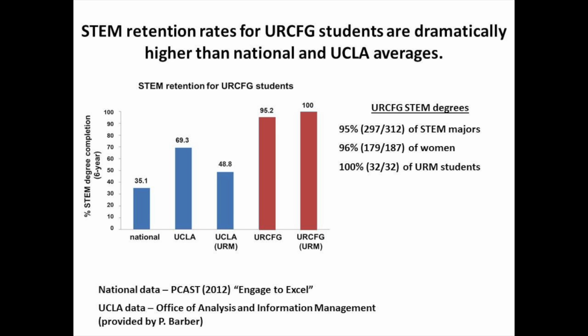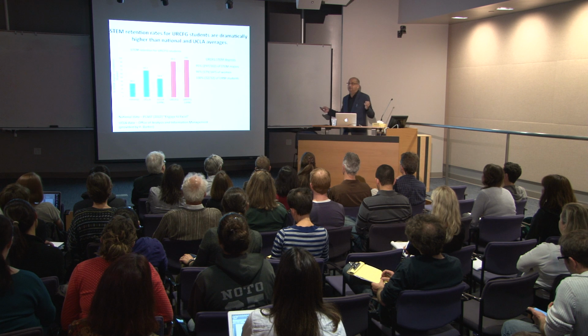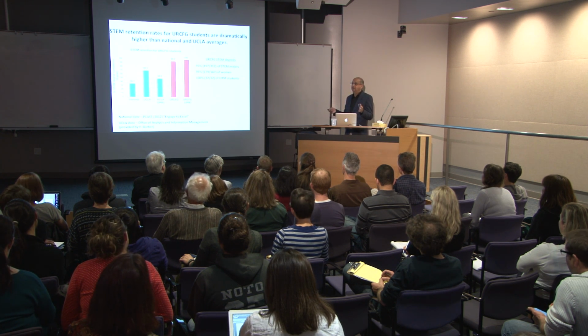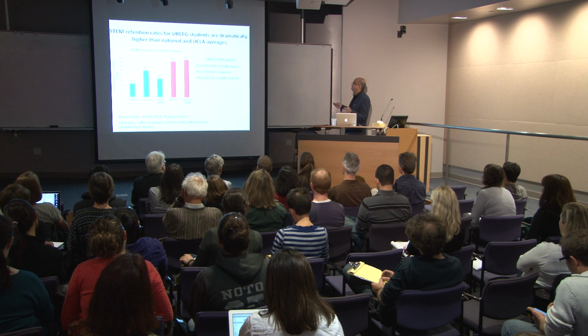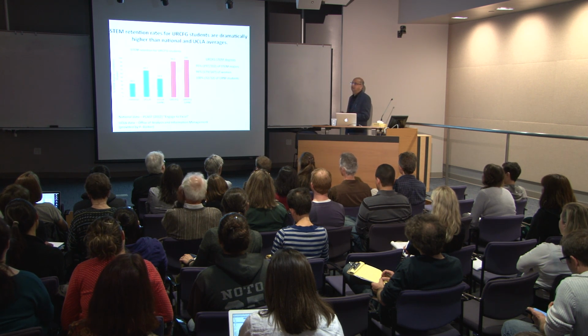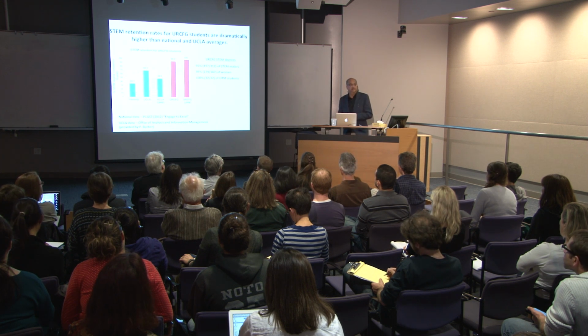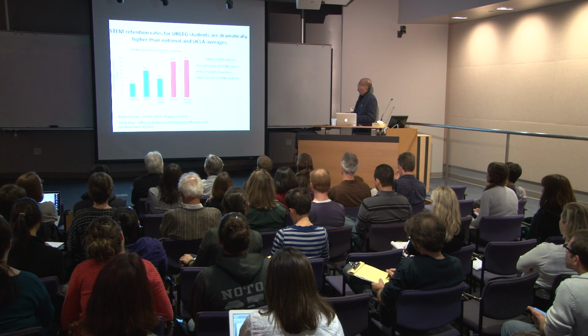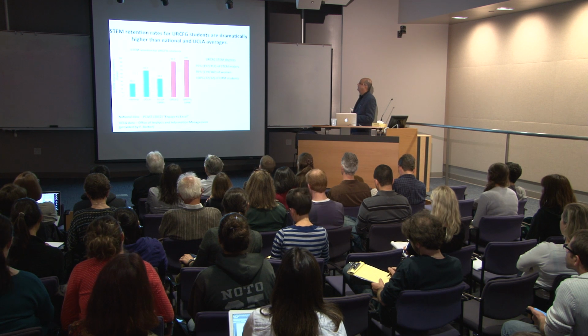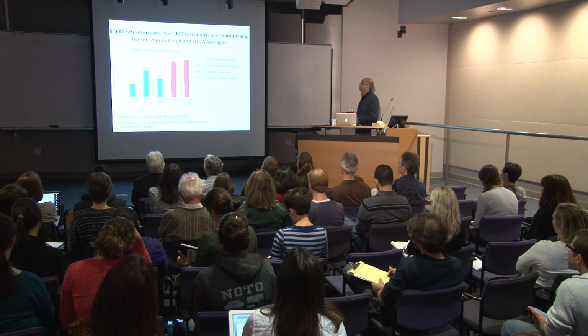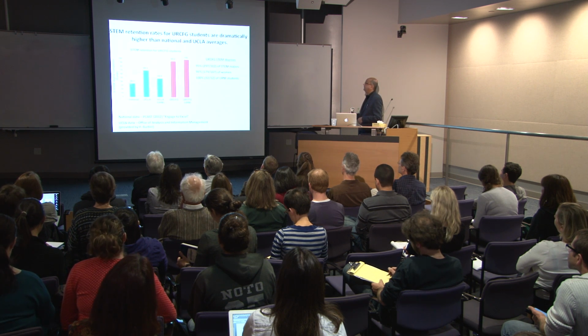And this is not just a flash in the pan one program. Of course, this is all 771, not quite this quarter, but many, 750 students put together over the last 10 years. So it will average out any kind of irregularities in the system. For comparison, national average is 35.1. UCLA average is considerably better, 69.3.